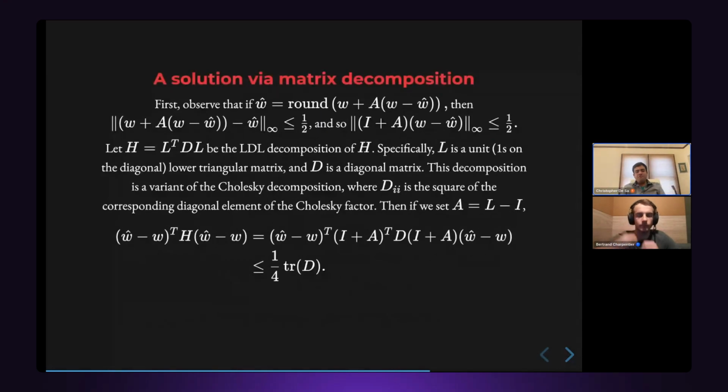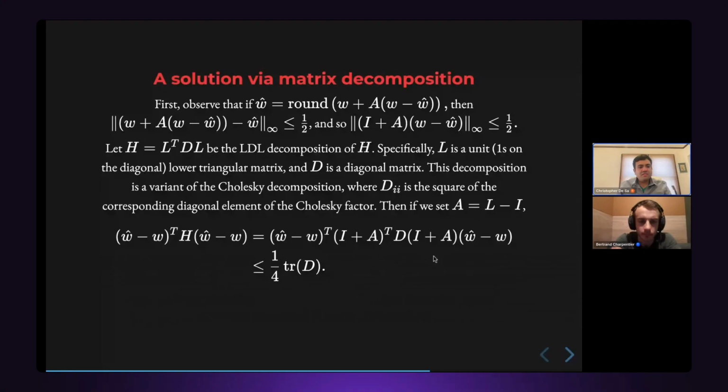And via a matrix decomposition, if we let L transpose D L be the LDL decomposition of H, so it decomposes H into a unit lower triangular matrix times a diagonal matrix times the same unit lower triangular matrix transposed, then if we set this correction factor to be L minus I, the strictly lower triangular component of L, then one thing that we notice is that the proxy loss, the difference in W transpose times H times the difference in W, can be factored as this difference in W times (I plus A) transpose times D times (I plus A) times the difference in W.